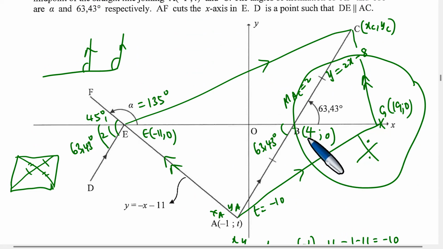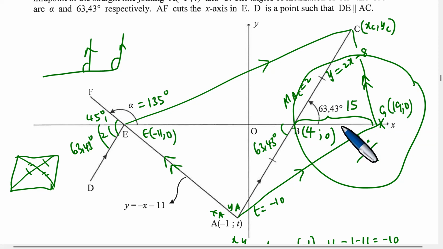What is the distance? If the Y coordinates are the same, we can easily get the distance. What is the distance between 19 and 4? It's 19 minus 4, which is 15. So the distance from here to there is 19 minus 4, which is 15 units.